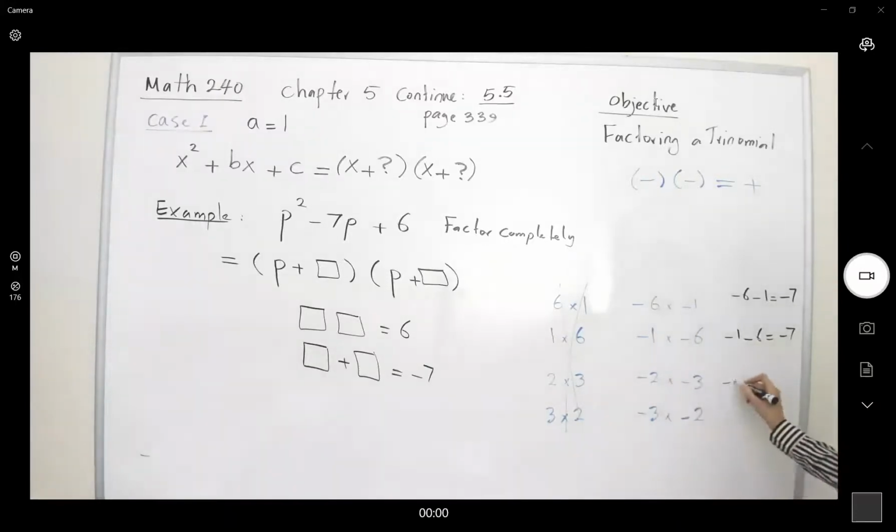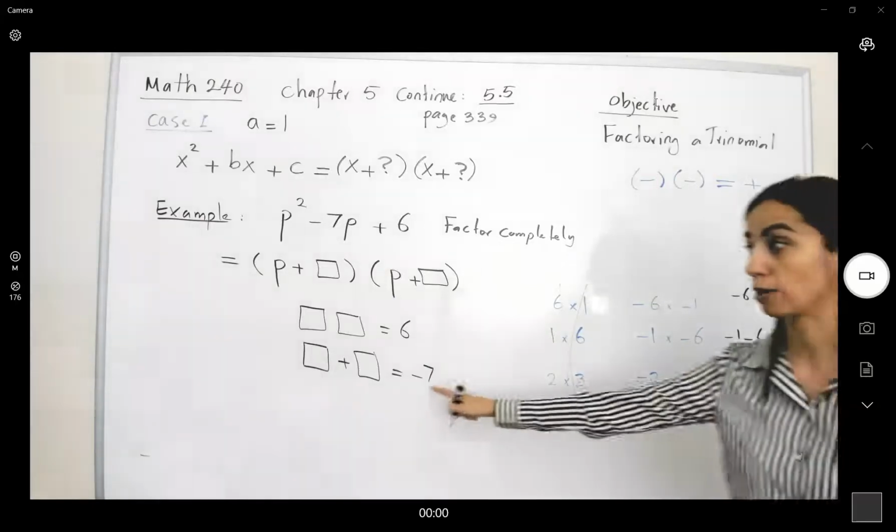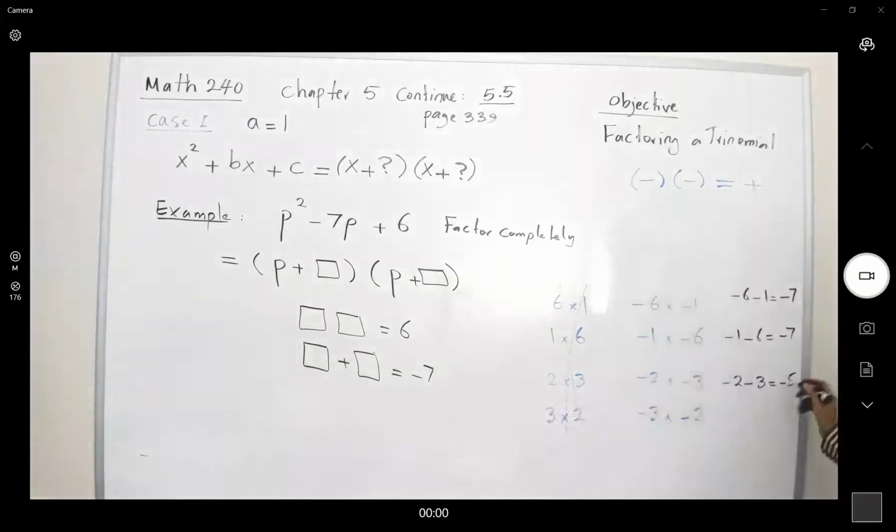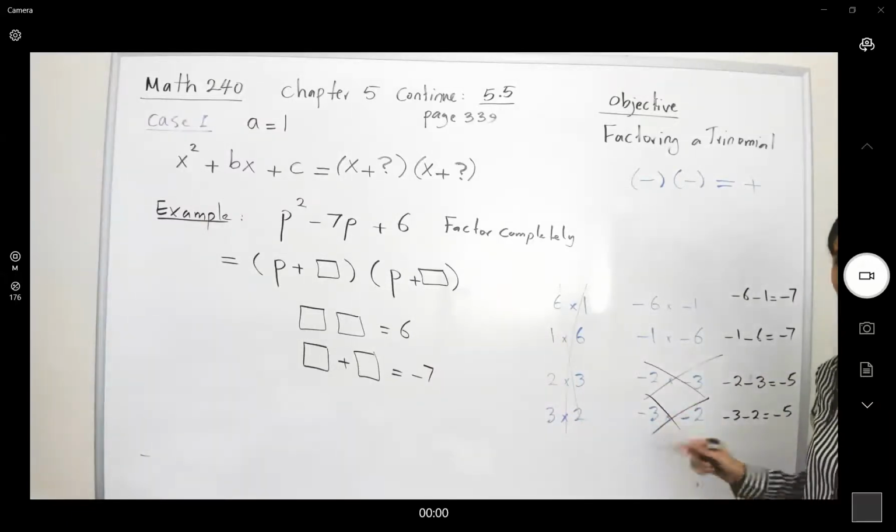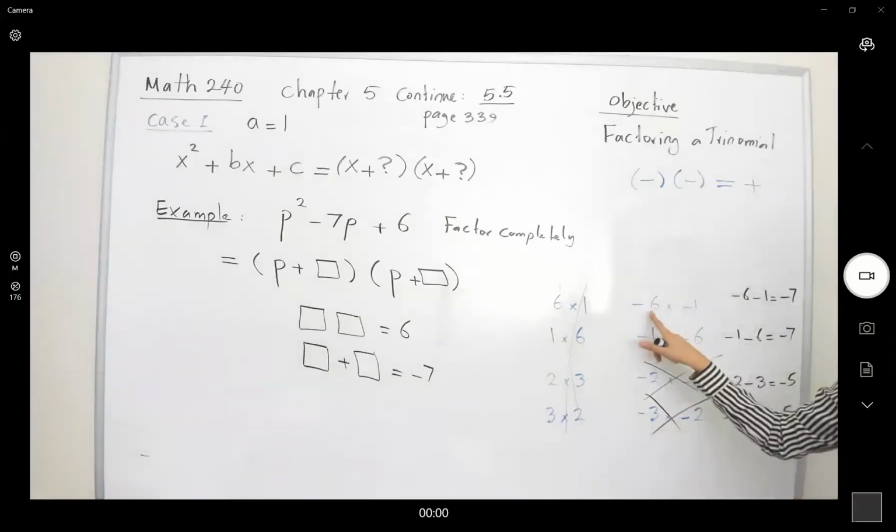How about these two? Negative 2 plus minus 3 is negative 5. As you can see, the outcome is not negative 7. So this is not the option. Negative 3 minus 2 is negative 5. Again, you get negative 5. So note that we just change the order. So what are those two numbers? You can write it as negative 6, negative 1, or negative 1, negative 6.